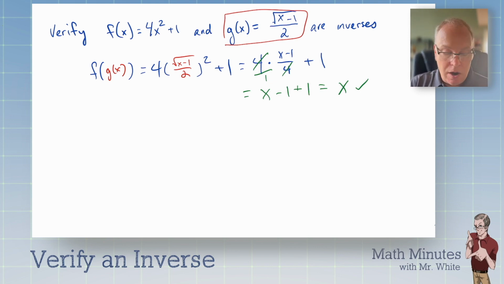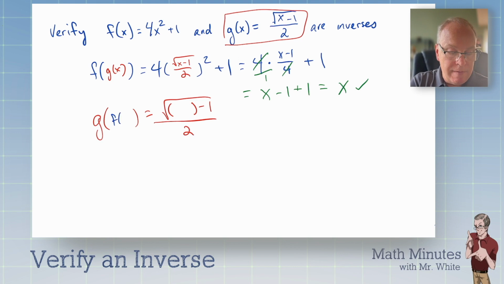So we have to take our red function, our g function, which is the square root of the input minus 1 all over 2. And in there, we're going to put f of x, which is 4x squared plus 1. Didn't leave myself much room there, but there we go.